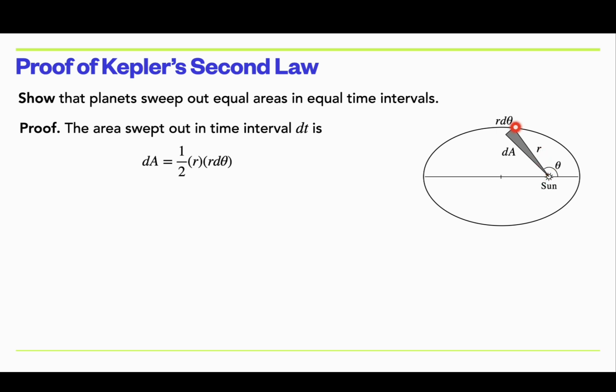The length of the triangle is r. Approximately, the height of this triangle is going to be r d theta. And since the area of a triangle is 1/2 the length times the height, the area of that infinitesimal is going to be 1/2 r times r d theta.